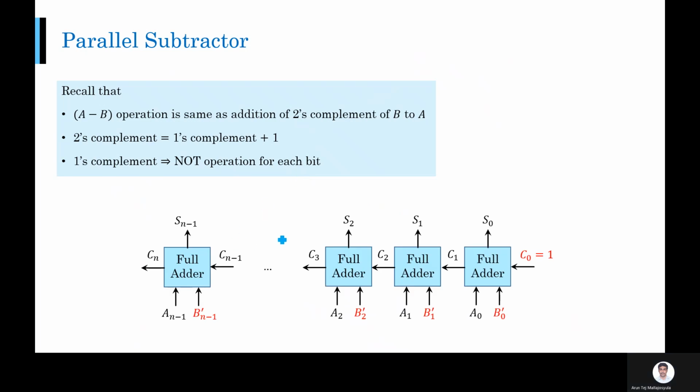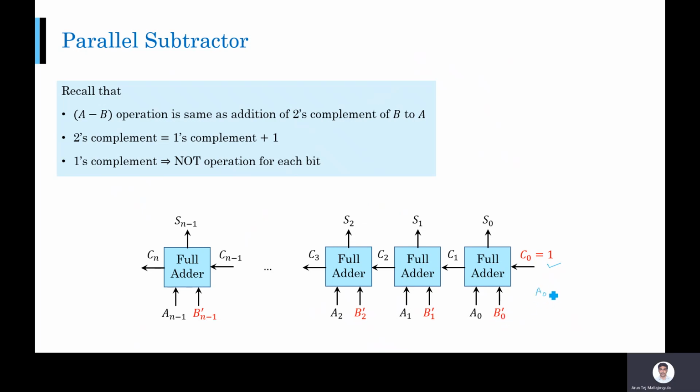So can you see this circuit now? I will add 1 for the carry. I want to subtract each bit, I mean 2 bits, B0 from A0, B1 from A1, B2 from A2, and so on, right? So let us first look at the 0th stage.